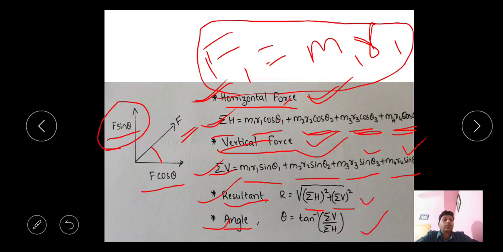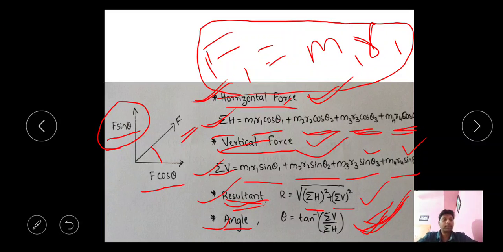And the resultant, what do we mean by resultant? Instead of putting all those masses on one side, if you put all the masses on one side and put the resultant mass on the other side, it will be balanced. Then you find at what angle that mass has to be put. That angle is called theta, which is given by tan inverse.